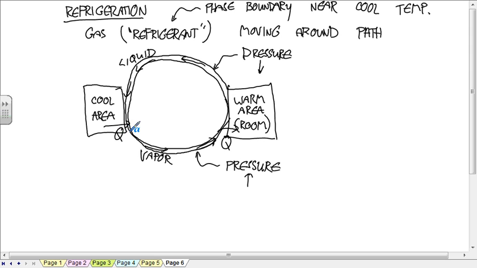You wouldn't get any more transfer, so it would be vastly slower, and you'd have to worry a lot more about inefficiencies. This way, because of the phase change, heat just keeps pouring from the cool area to the refrigerant until it's entirely changed phase, and then you go around.